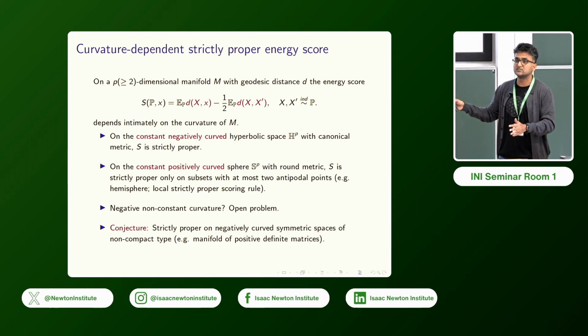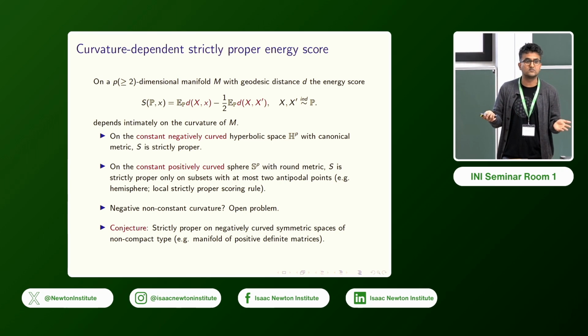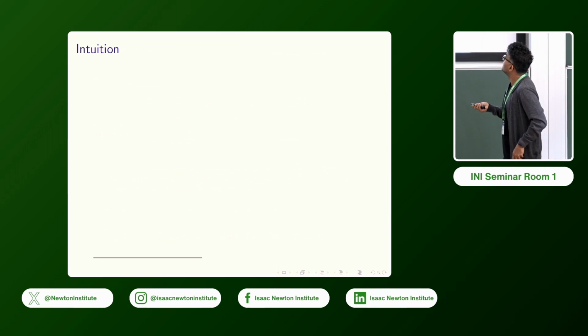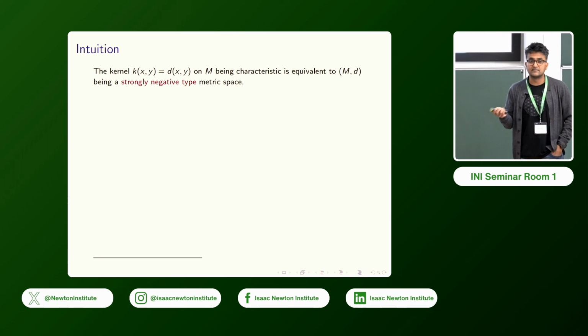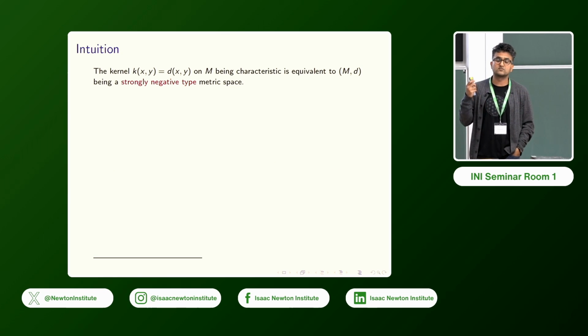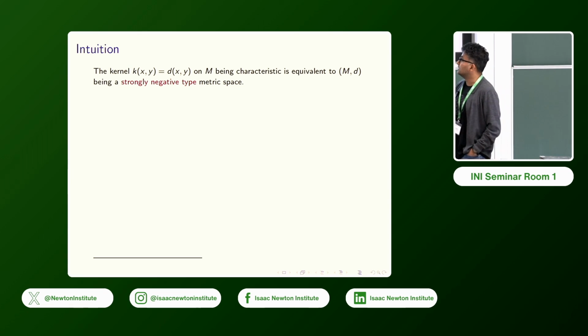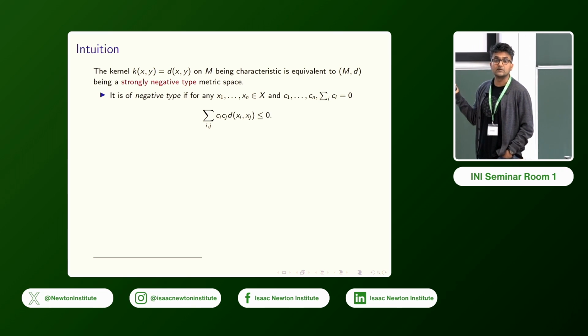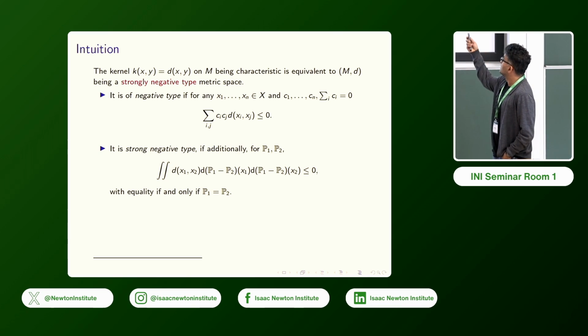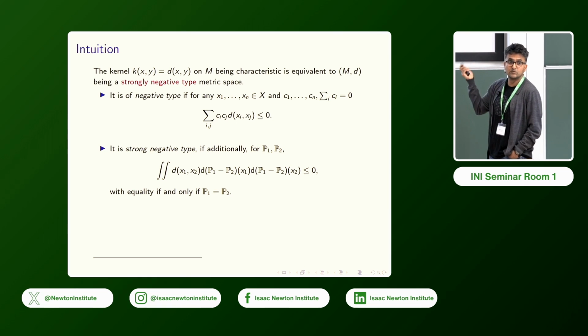If you want to use an energy score on a manifold, how the curvature plays into the story is not clear. The intuition behind this is the link that a strictly proper scoring rule based on a distance used as a kernel is equivalent to the metric space being something called strong negative type. This is the definition of strong negative type; it's effectively an equivalent condition.